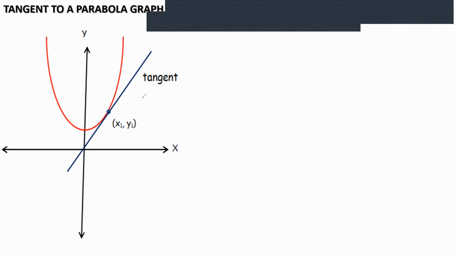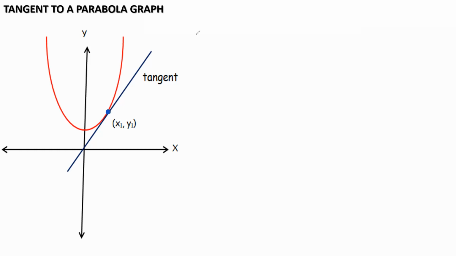The graph that I'm dealing with here is a quadratic graph, and the tangent is a straight line passing through only one point. That's very important to understand. In other words, if somebody was to draw a line like this for me, this line is not a tangent. Why? Because it passes through 2 points on a graph. It's a tangent only if it passes through 1 point on a graph. That's a tangent of a parabola graph.